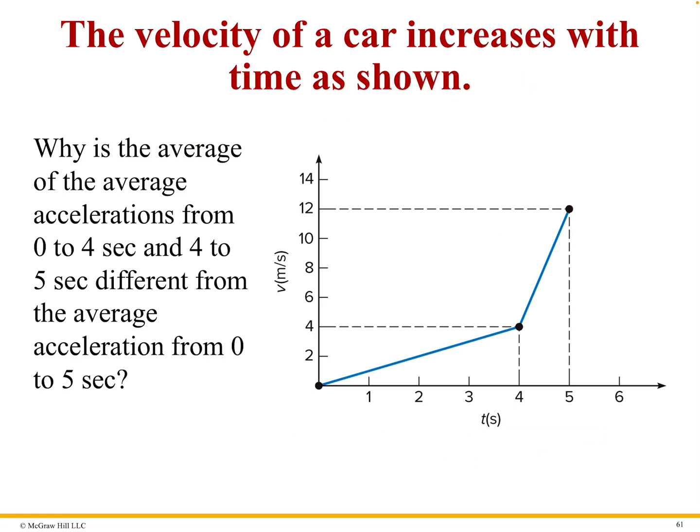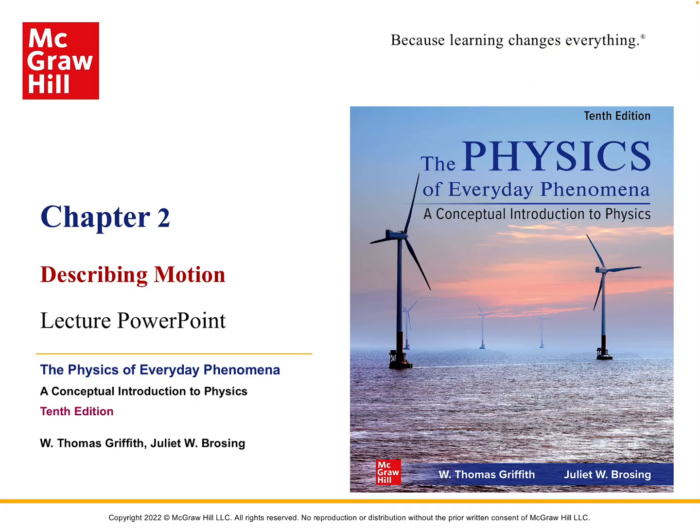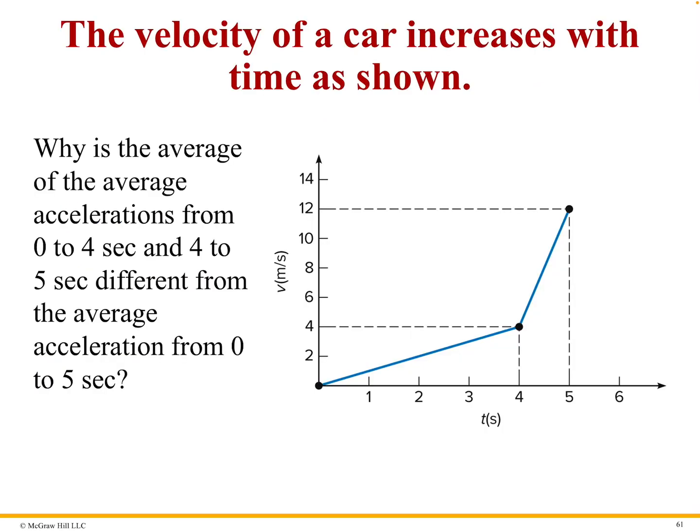Now, this one says that the velocity of a car increases with time as shown. Why is the average of the average accelerations from 0 to 4 and 4 to 5 different from the average of 0 to 5? Well, it's kind of like the same thing that we did in the one video with the total average speed or velocity.